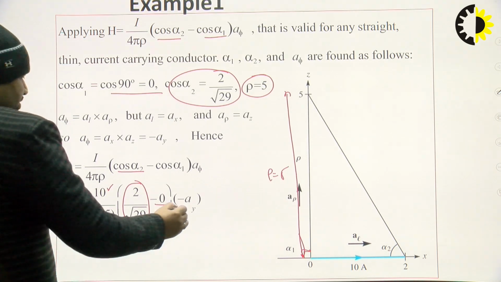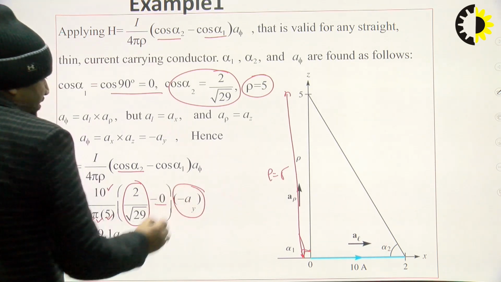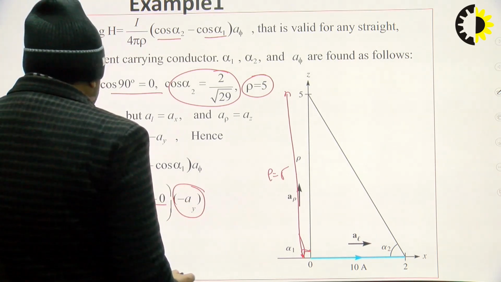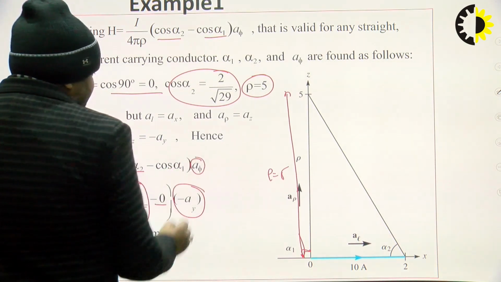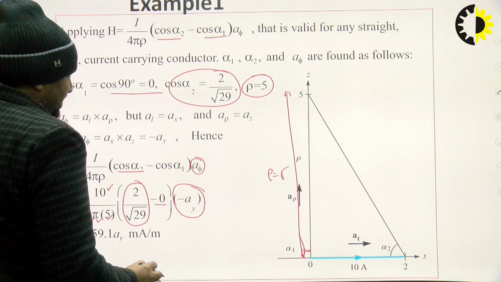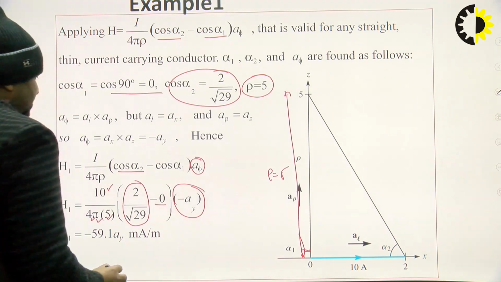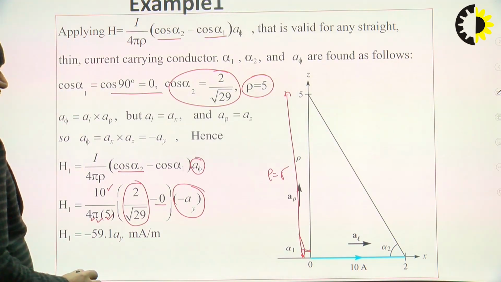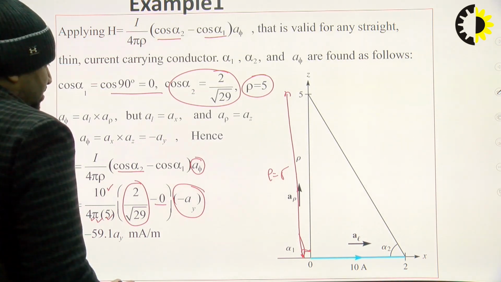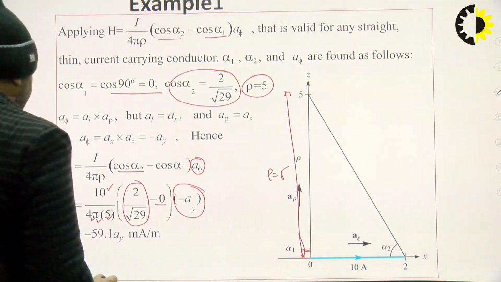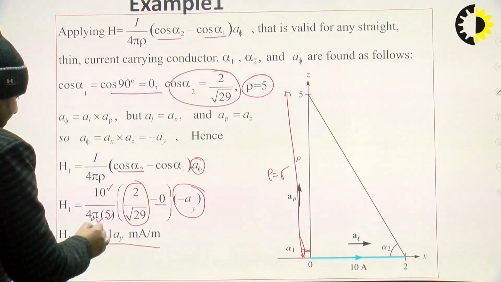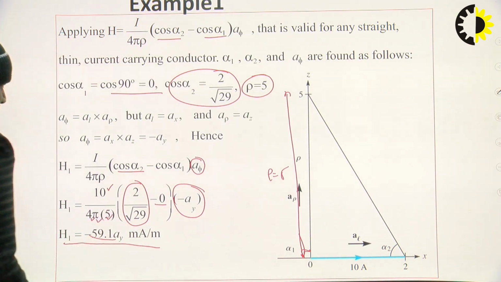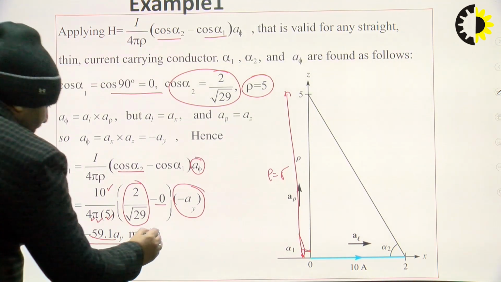The direction is in minus ay, because this is in the case of a phi, a z. So this is the minus ay direction. So what is the value of H1? H1 is equal to, solving here, minus 59.1 ay milliampere per meter.